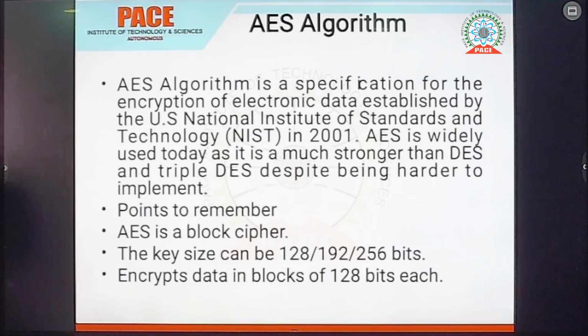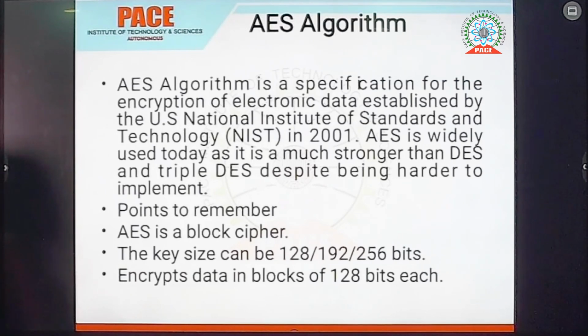AES is widely used today as it is much stronger than DES and triple DES despite being harder to implement. And again, this is a block cipher algorithm, and DES is also a block cipher algorithm, and AES is also a block cipher algorithm.